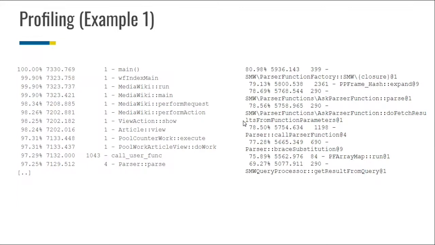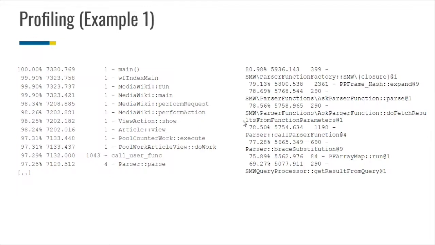But the other thing you notice here is there's no actual query functions at the top. MySQL query is not anywhere near the top. So the conclusion you can draw from that is something about SMW is slowing things down, but it's not the database access. And while you can't quite tell from here, the next step is probably to look at what your templates actually do.